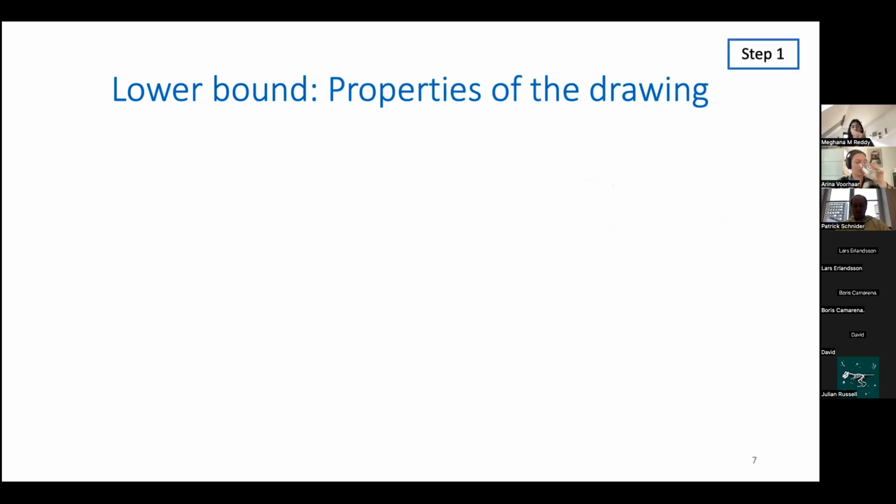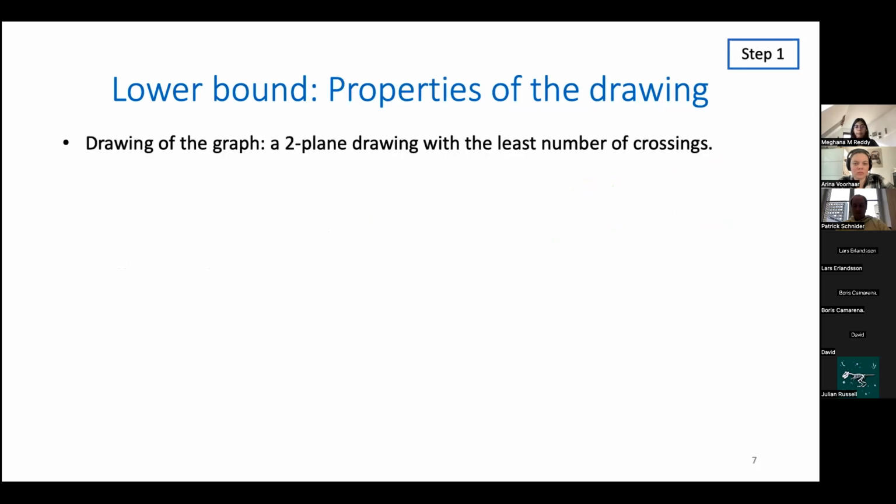The first step was to pick a drawing. Now, what kind of drawing do we pick? Ideally, we would want to pick a drawing which will help us in analyzing it better. So we want to pick a drawing which makes our life easier and has multiple properties. So we pick a drawing with the least number of crossings.